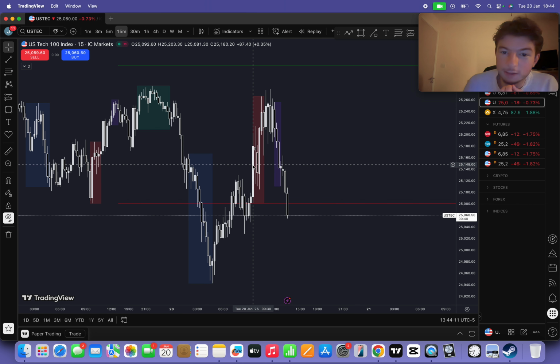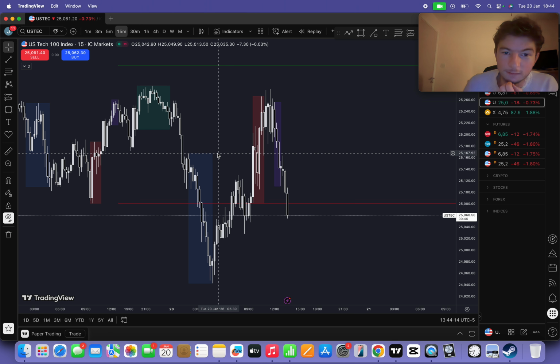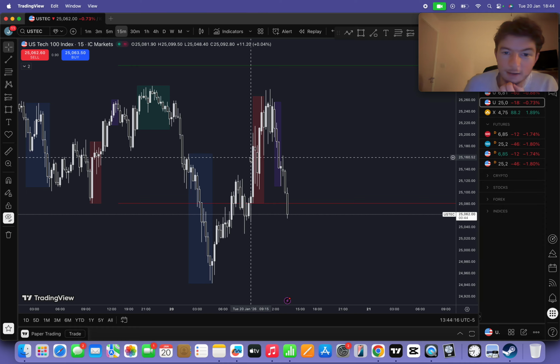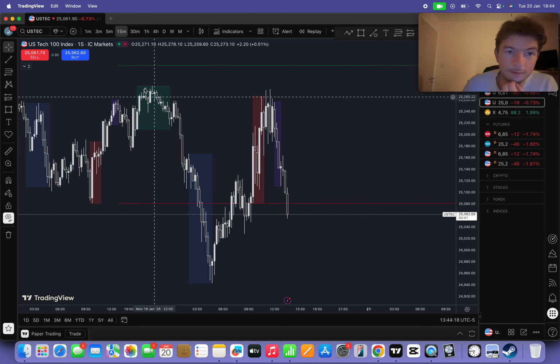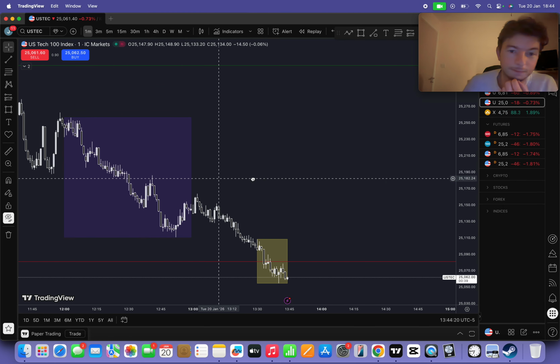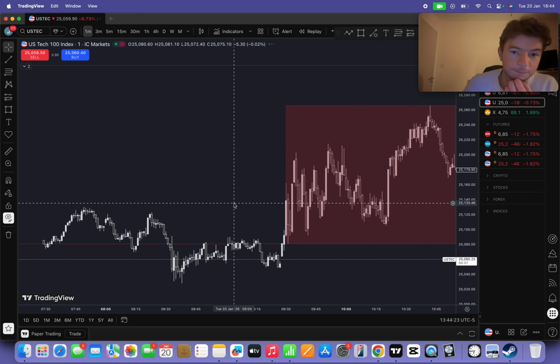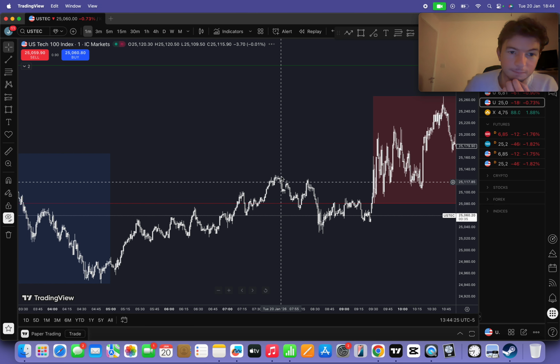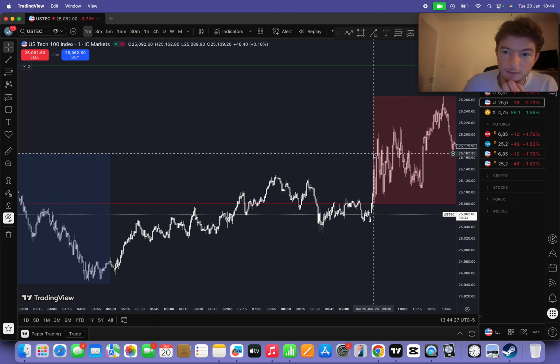Another reason for me wanting to go short was based off NASDAQ taking the London high at the 9:30 open. If we go into the 1 minute, skim that out. So it took it at 9:32.